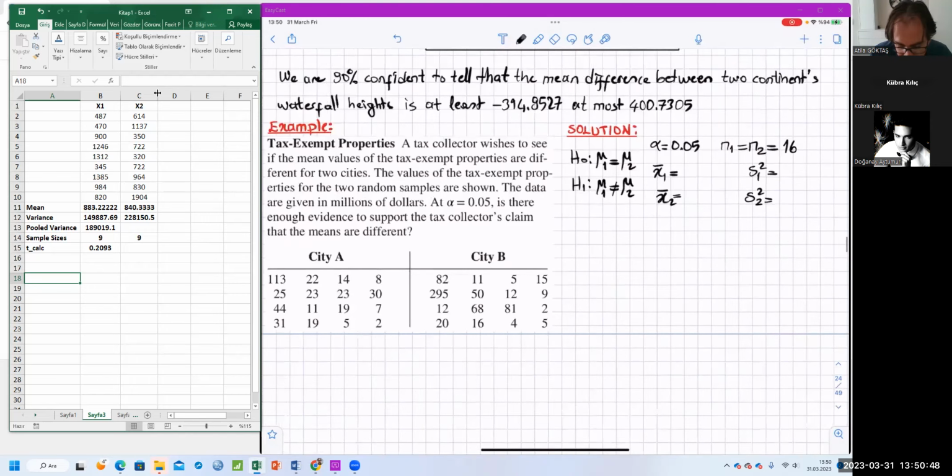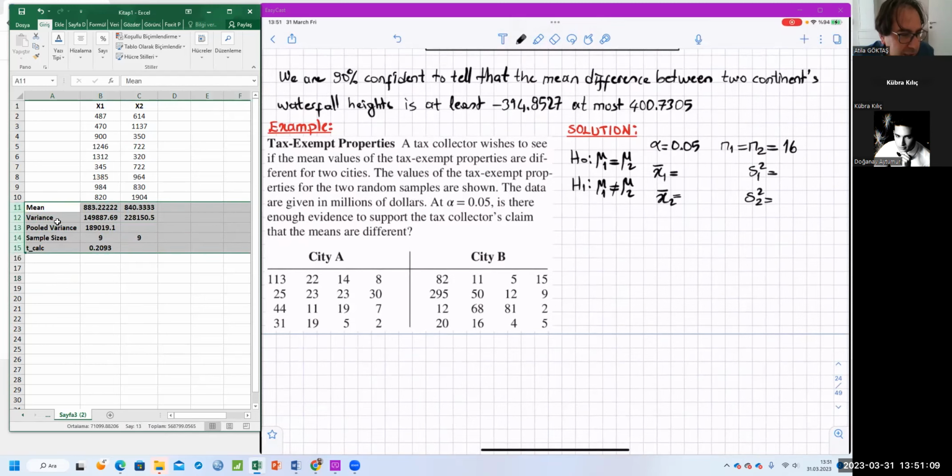I can perform such calculations in Excel easily, without losing time. So I'll copy this page and move it until here.